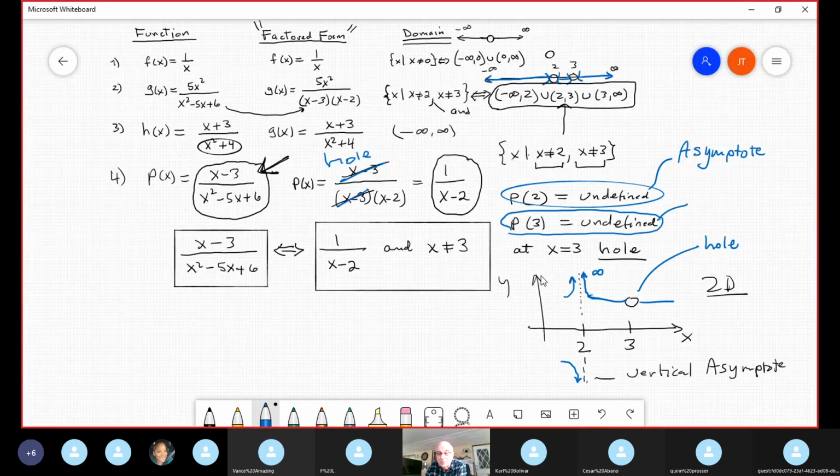So when you are doing, for example, the graph of this function, it is exactly the same as the graph of the simplified function, except at 3. The original has a hole at 3, and after the simplification, when you eliminate the factor, we have no hole.